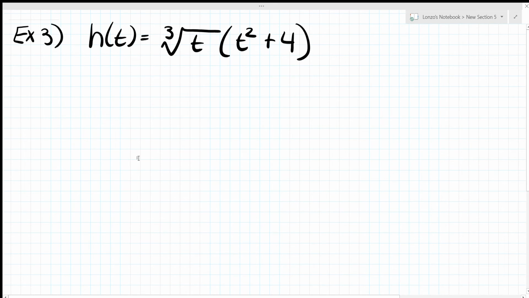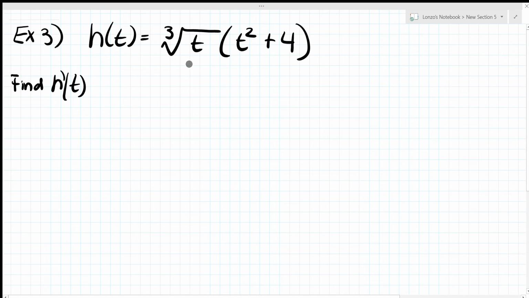Let's do example 3. We have h of t given here, and we have to find h prime of t by using the product rule. So first step, using the product rule, we have to distinguish our f and g.